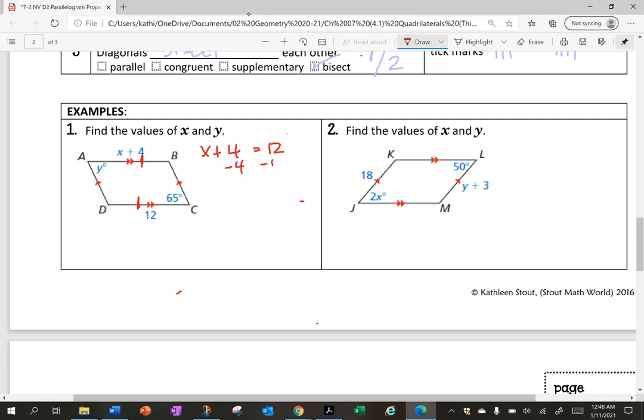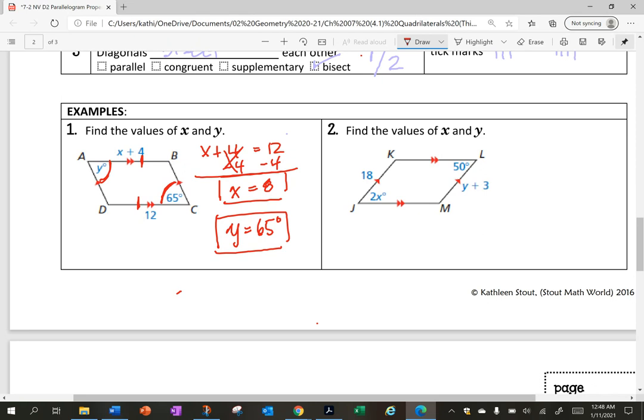I'm going to add the inverse, so x equals 8. I also know my opposite angles are congruent, so y equals 65, since it's an angle of 65 degrees.